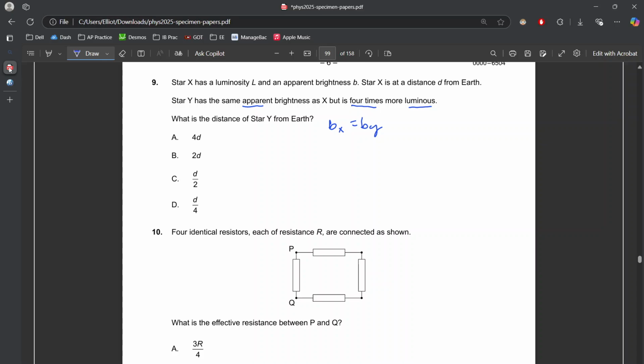So Bx is equal to L, and this is in your data booklet. Technically B is equal to L over 4 pi d squared. There's a whole derivation for this formula, but this is in your data booklet, and this is all you really need to know.